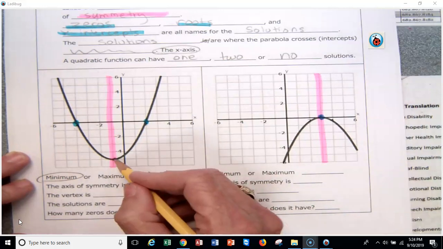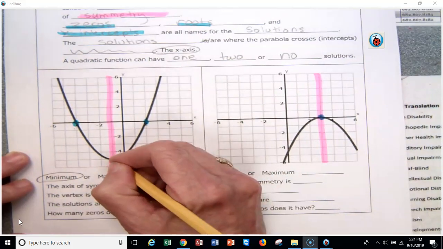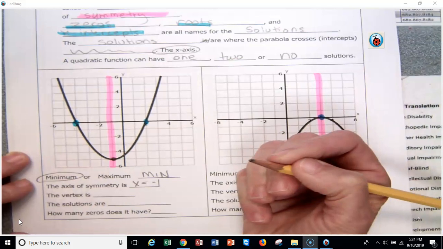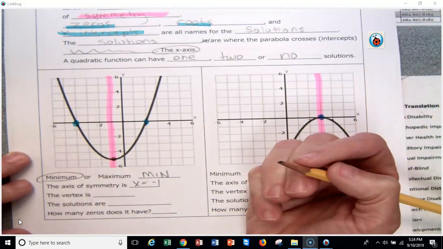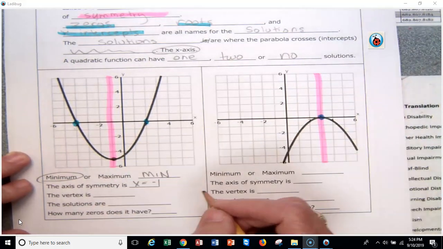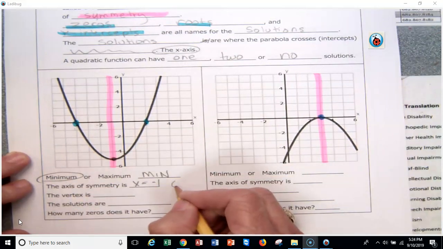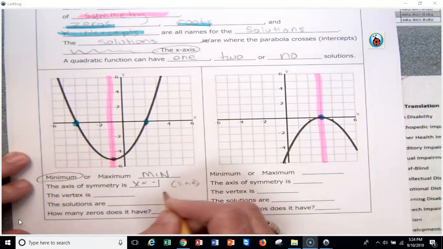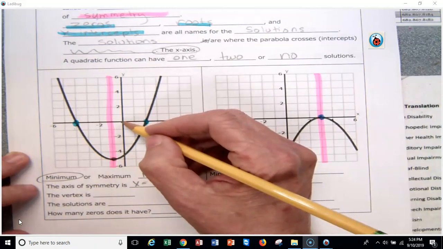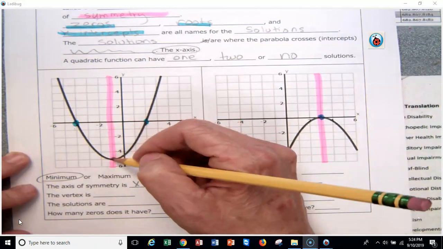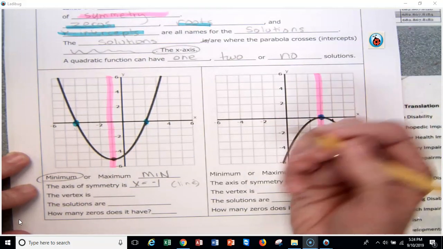Now the vertex right here, I am going to give it a value because it is a point. The axis of symmetry is a line, but the vertex is a point. So I'm going to name it by using ordered pairs.